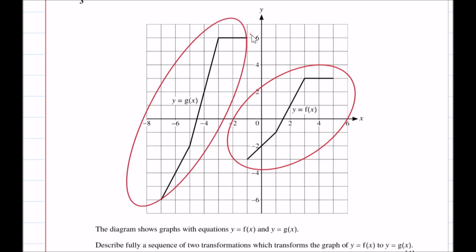Now we have to compare both graphs. You can see easily that the g(x) graph is enlarged. It is more spread out now. That means it has been stretched, right? So stretched, and then we can see here the position also changed. That means it has been translated to the left side.